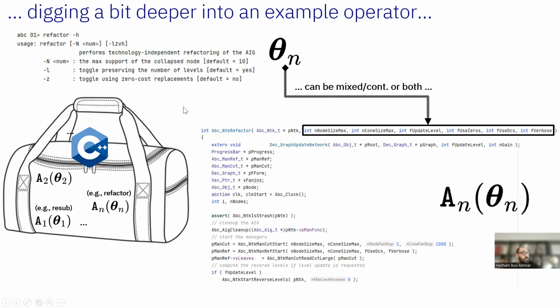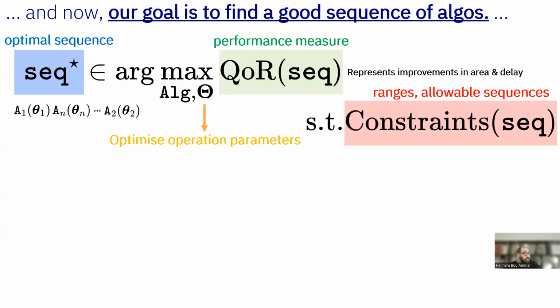Okay. Now, what is our goal? So we have this AIG, and we have this bag of algorithms. What is our goal, really? Our goal is to find a sequence of those operators. So, which operator goes where and in what order, and their corresponding hyperparameters.